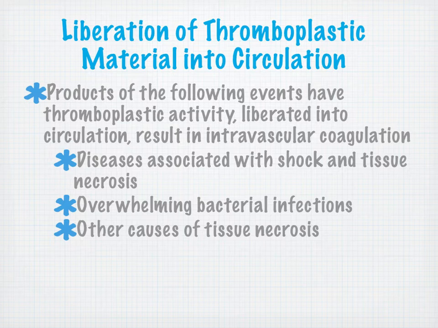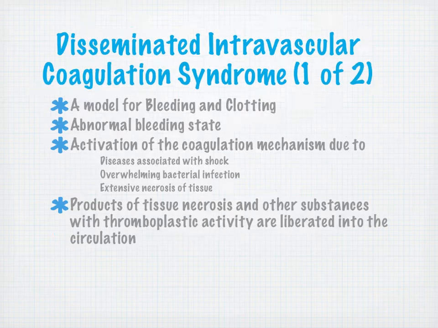And I want you to focus here for a second on what might be going on. We're talking about diseases associated with shock and tissue death, overwhelming bacterial infections, and other causes of tissue necrosis. Disseminated intravascular coagulation syndrome, DIC, is a model for this. It's a model for bleeding and clotting.